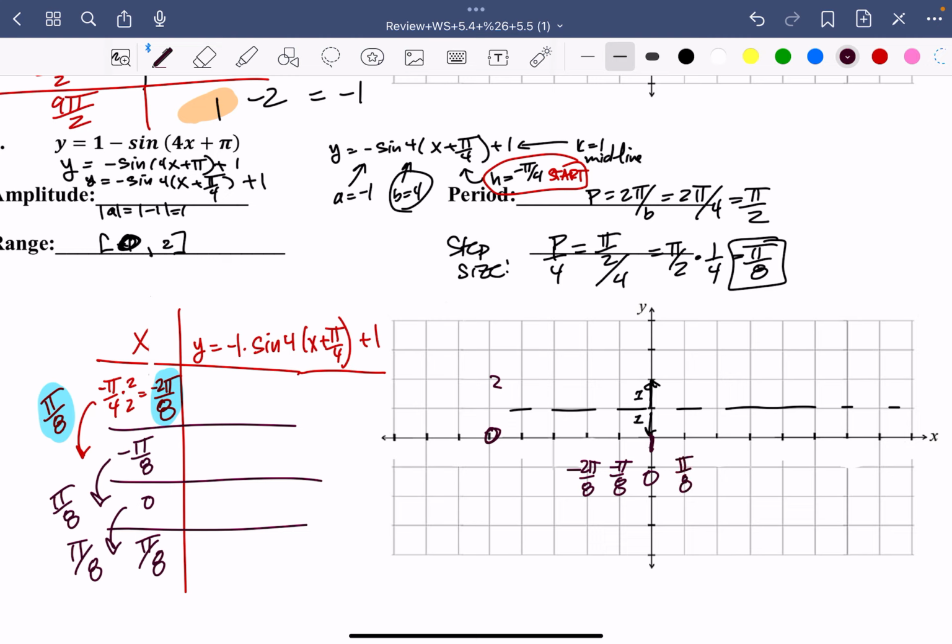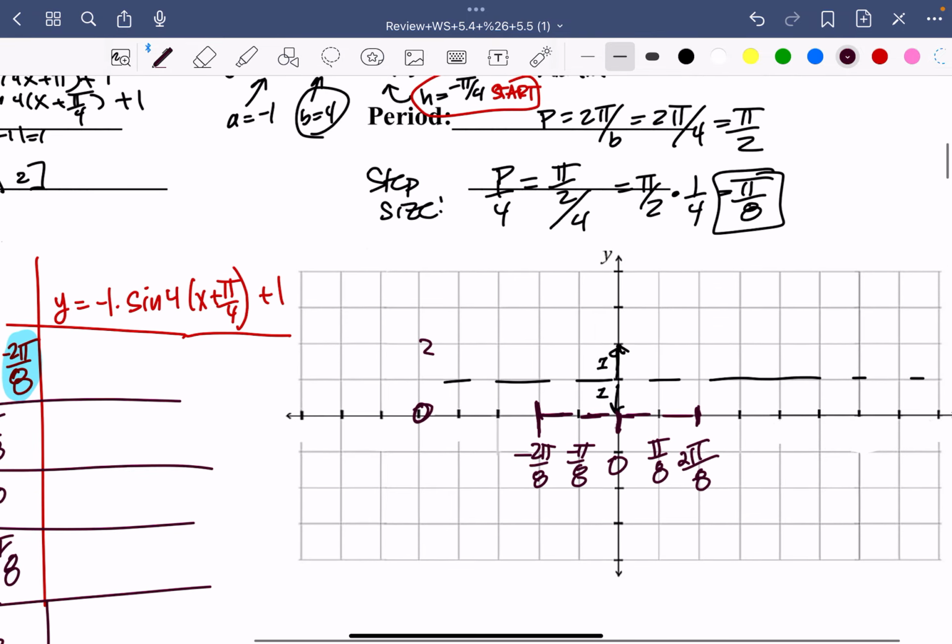And I take one step of pi over 8, and I get to 2 pi's over 8. Let's see how many steps we've taken. We started back here at negative 2 pi over 8, and we took 1, 2, 3, 4 steps, so we've made a complete cycle.